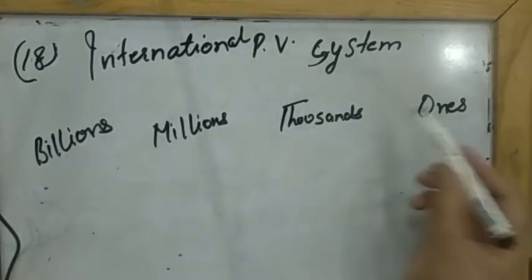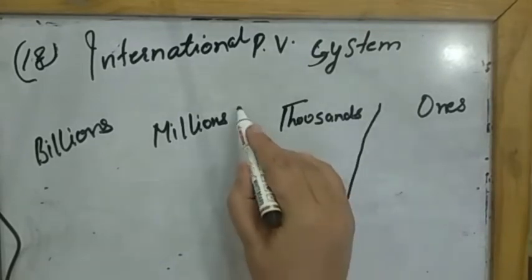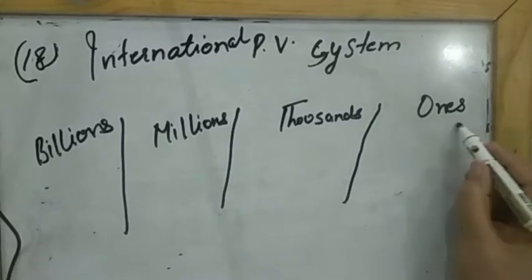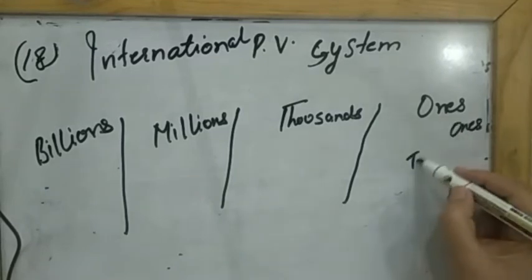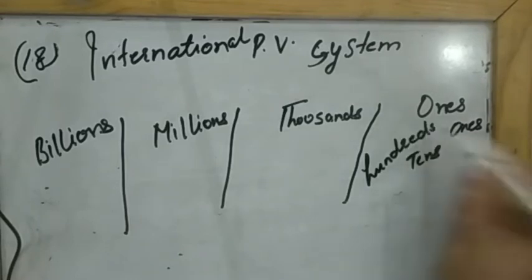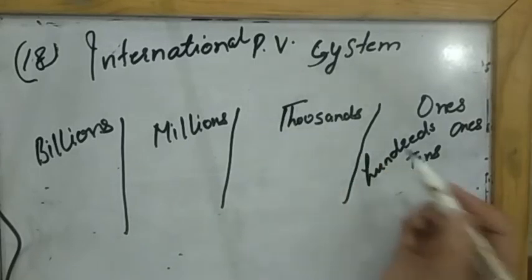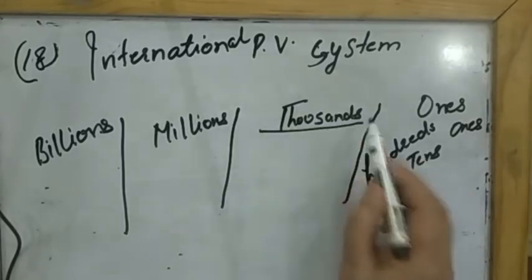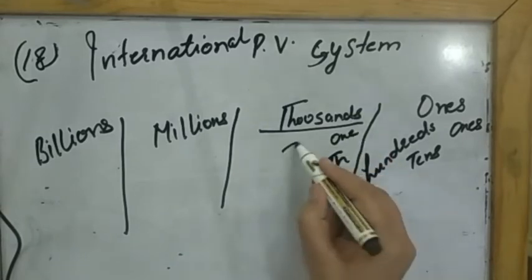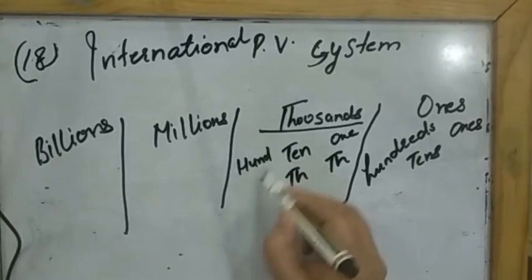In each period we have 3 place values. In the ones period we have ones, tens and hundreds, as we had in the Indian system. In thousands also we have 3 place values: 1,000, 10,000 and 100,000.